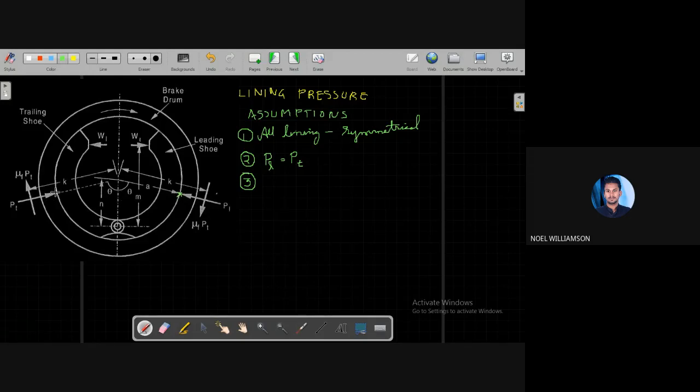And for the trailing shoe, if the point of contact of the lining with the drum is this point, then PT will be acting at this particular point.